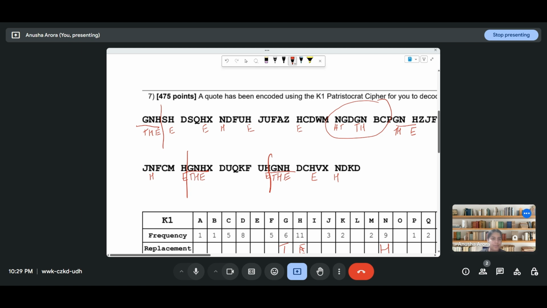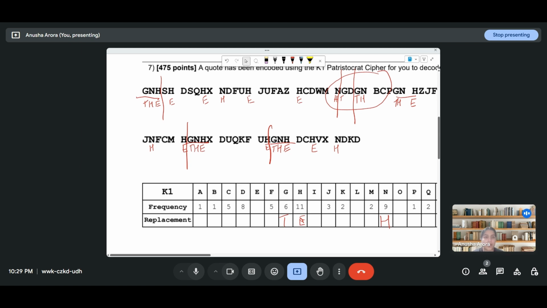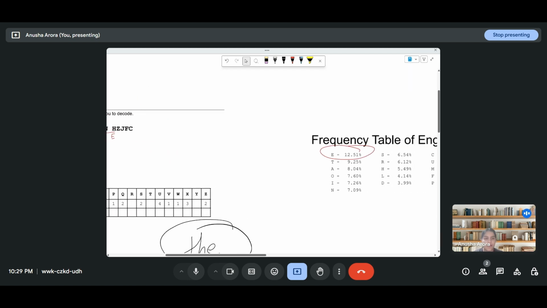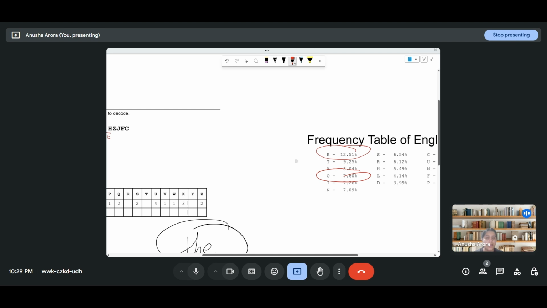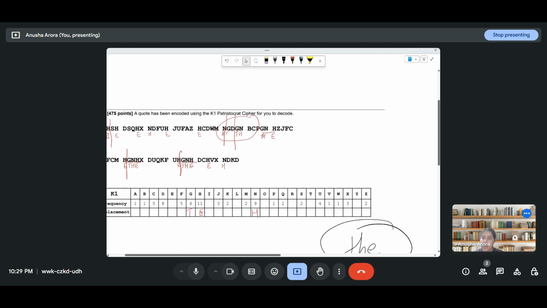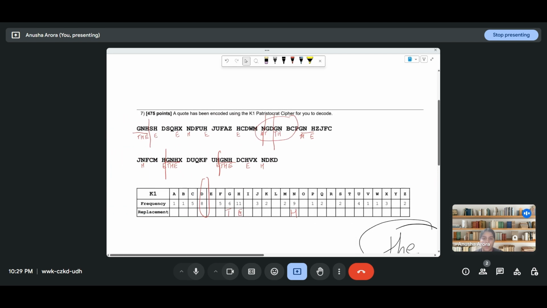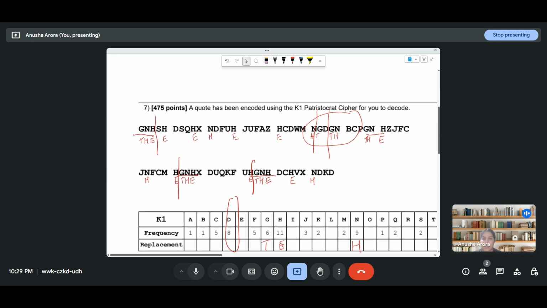So I'm going to go with the guess that there's a word break right over here, and that maybe this is a 2-letter word where D, well, the only 2-letter word that starts with a T is probably going to be "to". So D would be O. And looking at the frequency, it's a 7.6 frequency, and we can see D is also quite frequent. So I'm going to go with that guess, with D being our O.